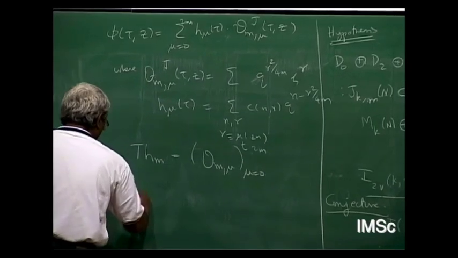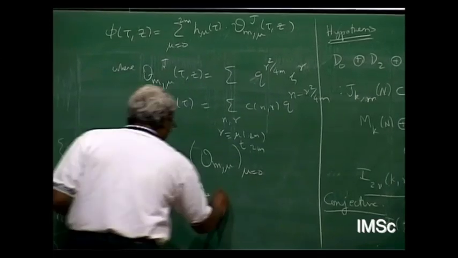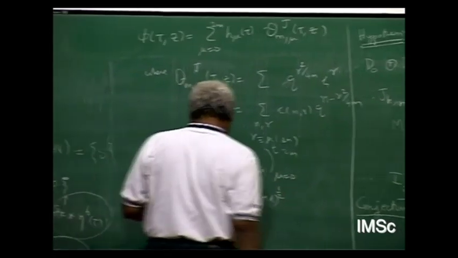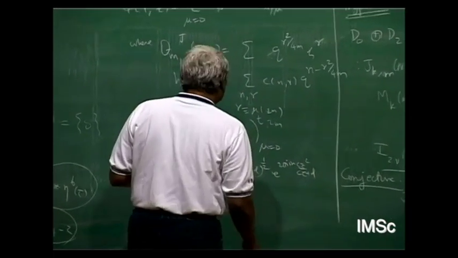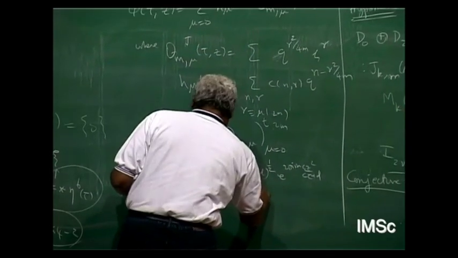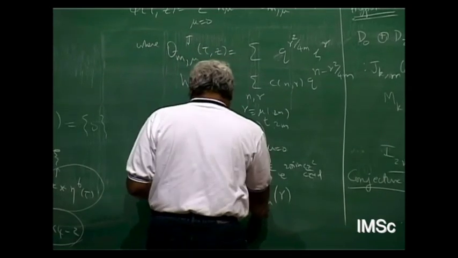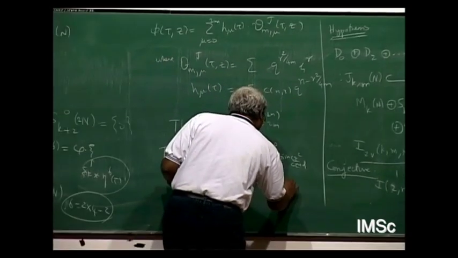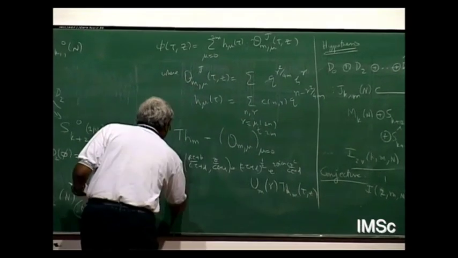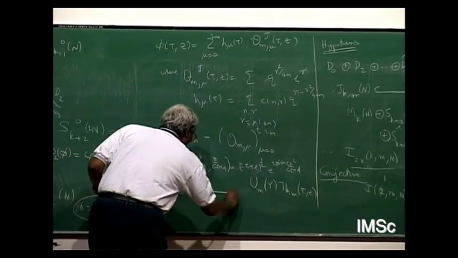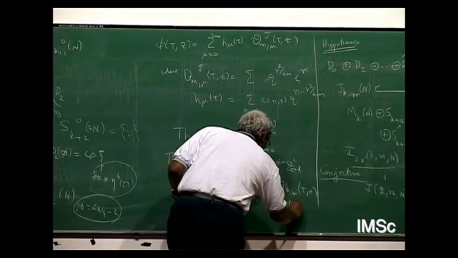Then it satisfies this transformation: theta_m((a tau + b)/(c tau + d), z/(c tau + d)) is (c tau + d)^{1/2} e^{2 pi i m c z^2/(c tau + d)}, which is coming from the transformation of phi, times some projective representation U_{2m}(gamma) times theta_m(tau, z), where U_{2m} is a projective representation.